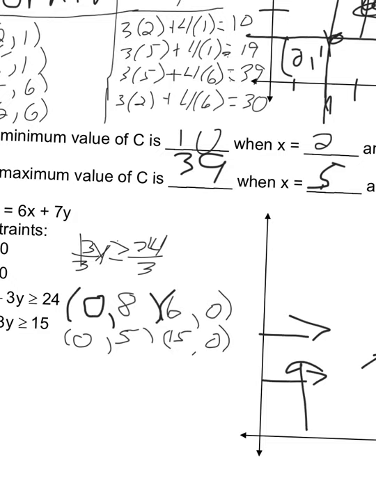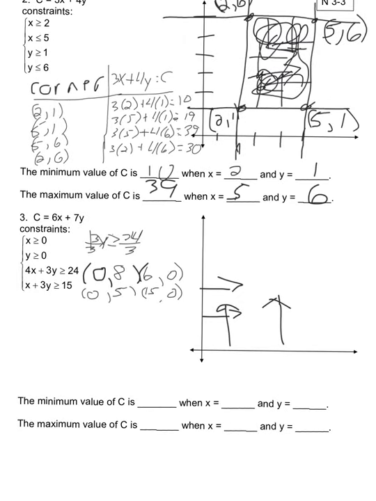Okay, now if I go and graph these guys, let me zoom out. I graph that first one. The first one is over 0, up 8, put a point. So 1, 2, 3, 4, 5, 6, 7, 8, put a point.